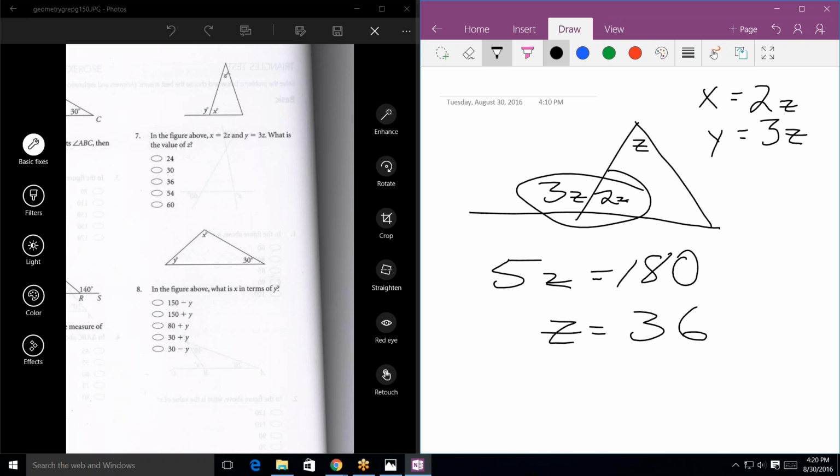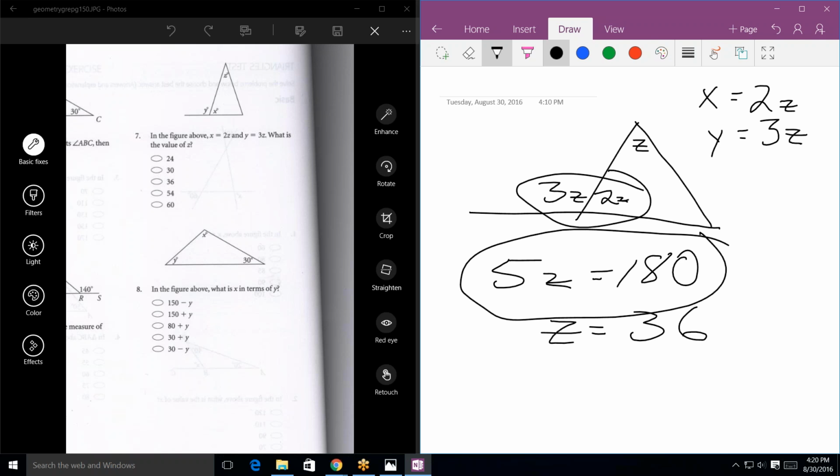I would rather see you do these manually, just because I think that's a good ability to have. At some point in your life, you're going to end up taking tests that don't let you use a calculator, and so you're going to have good arithmetic skills. And this was not that hard, dividing 180 by 5.